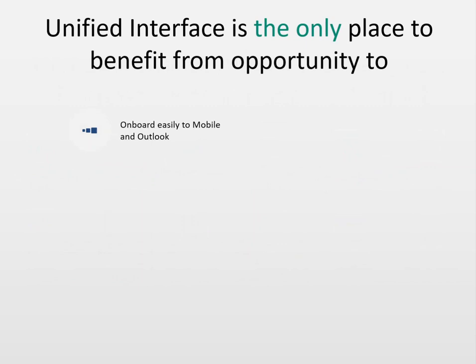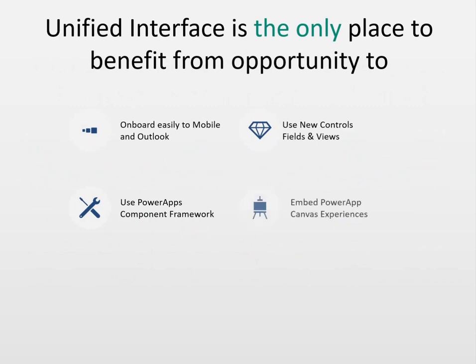Okay, so to get the benefit of the following, you can easily use it in mobile or Outlook. You can get the benefit from the new controls and views, and the Power App component framework.